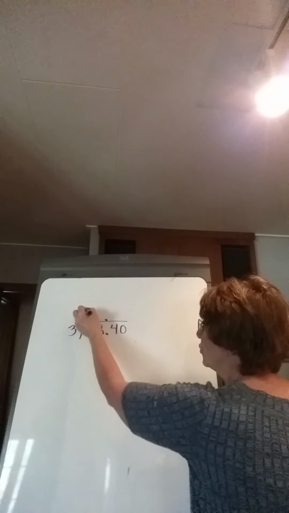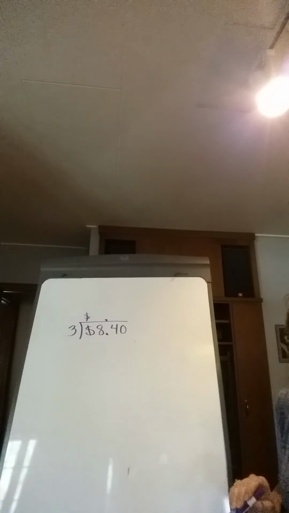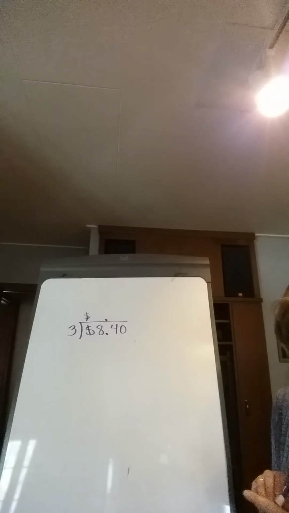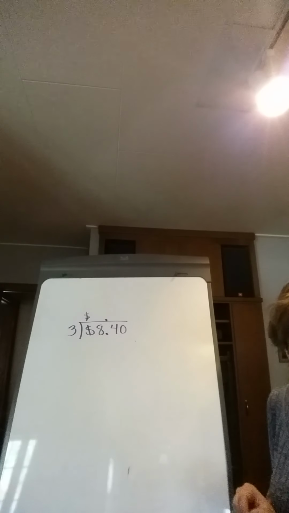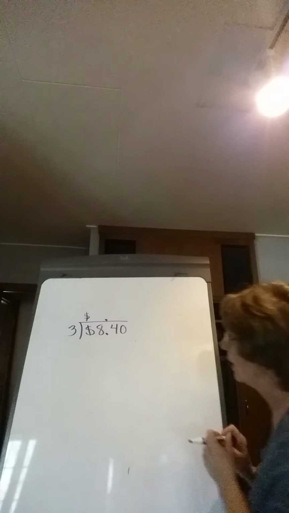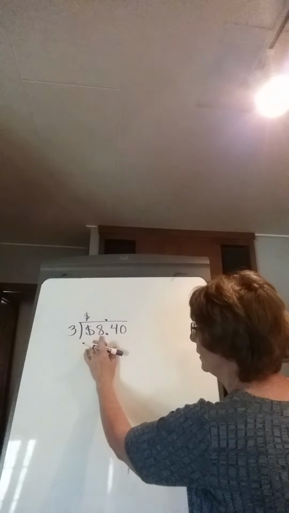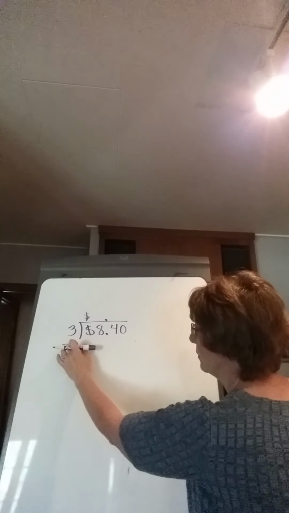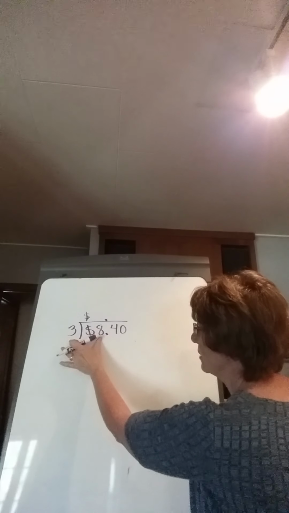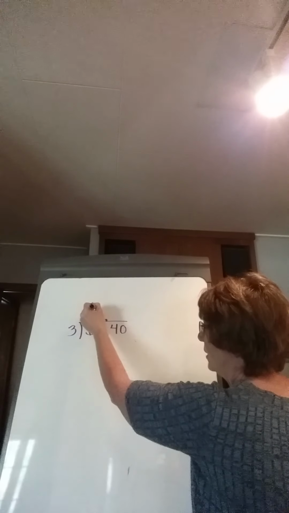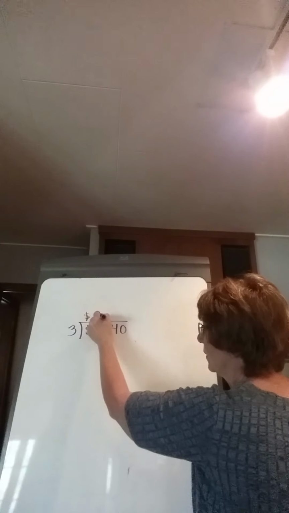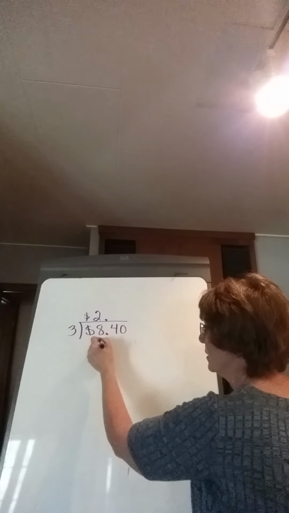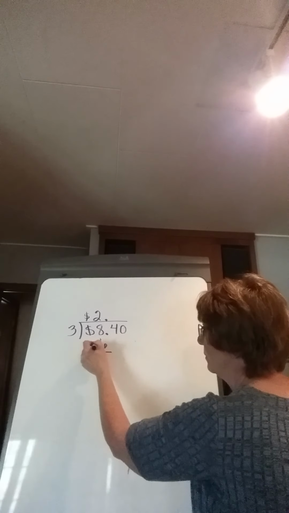It has to be straight. Okay? There's a whole reason for it. Now we're going to look at the 8. 3 will go into 8 evenly. 8's larger. So it's 2 times, right? 3 times 2 is 6. So then we subtract.